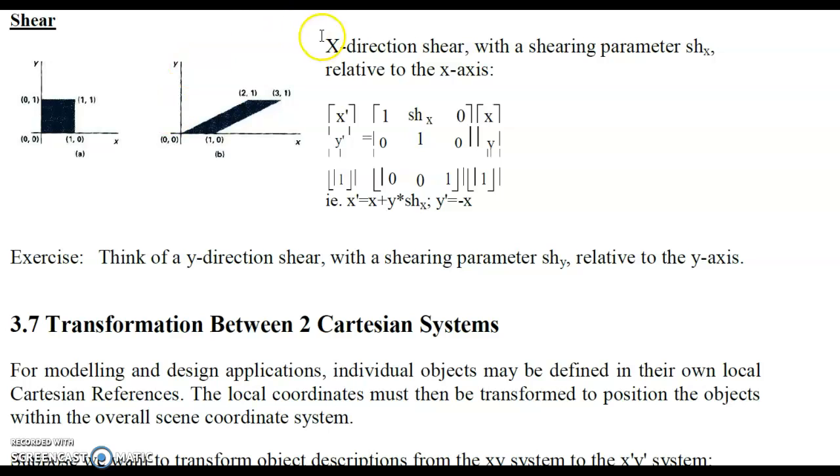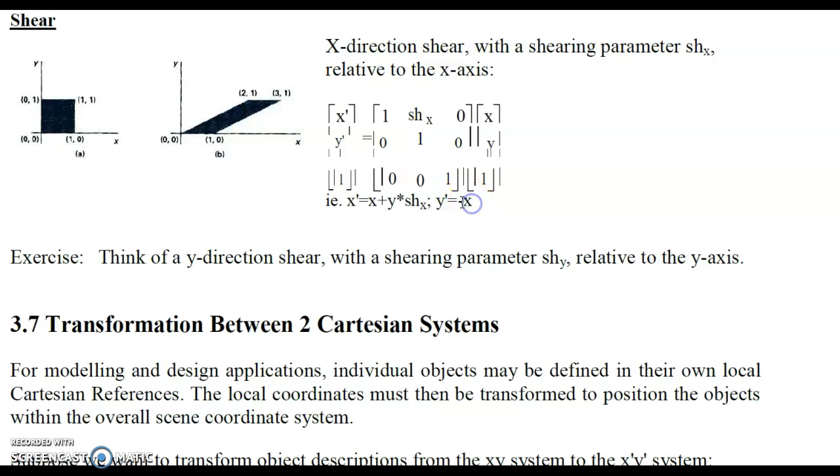There is a shearing parameter shx, and also a shearing parameter shy. Let me explain shear with respect to x. If you do shearing with respect to x, the x coordinate will move but y will remain constant. So x dash equals x plus y times shx, and y dash will remain y.